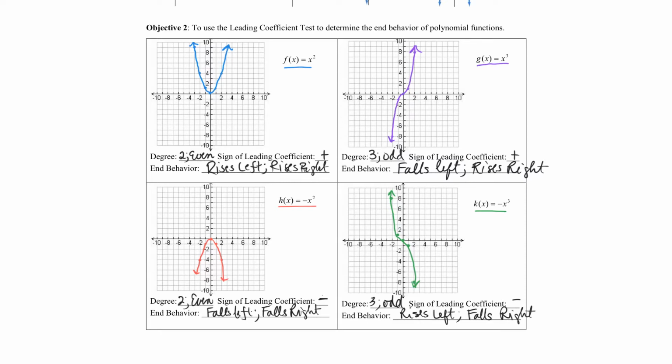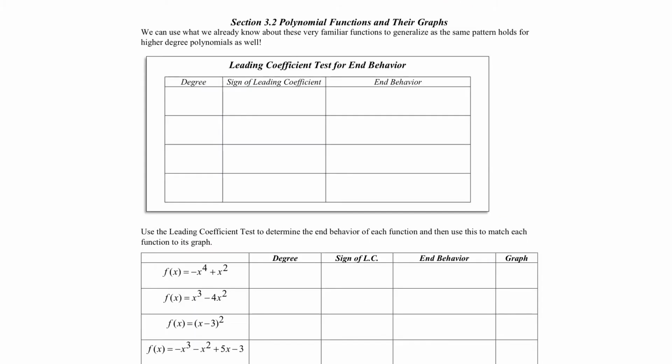Okay, so those 4 very basic functions give us an idea about the possible end behavior of a polynomial function. And what we can do is use what we've just established with these very familiar functions to generalize, as the same pattern holds true for higher degree polynomials as well.